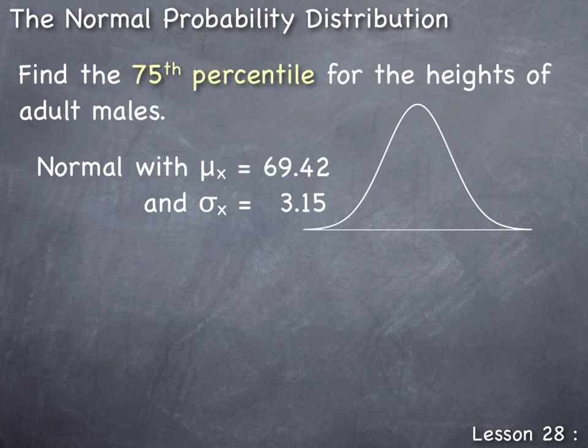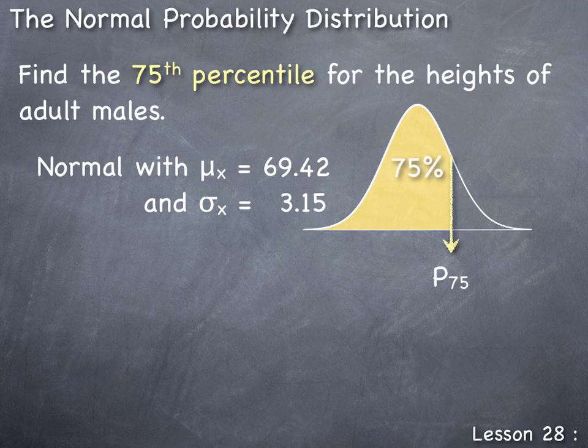The 75th percentile is the particular value of the random variable x, such that 75% of the entire normal distribution is less than that. To work from the percentile to the number, we use the inverse norm command. The inverse norm command requires the input of three values. The first value is the percentile, that is the percentage of the bell-shaped distribution that is less than the value that we seek.